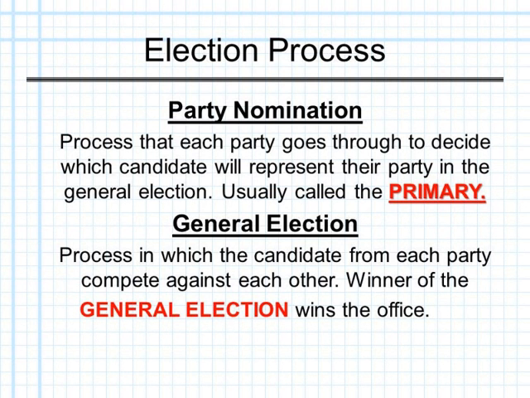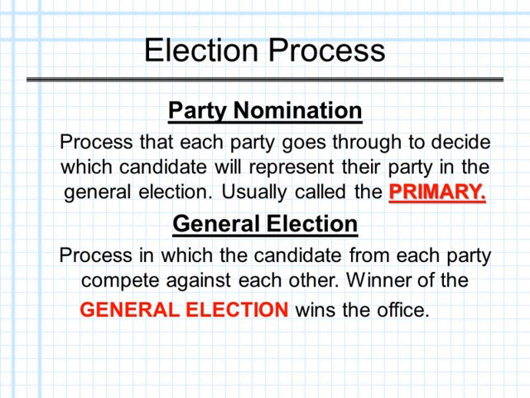First, I have to win the election within my party to be the member of my party that gets nominated, and then I have to win the general election in which the nominees of each party face each other, and then whoever wins that general election actually wins the office.